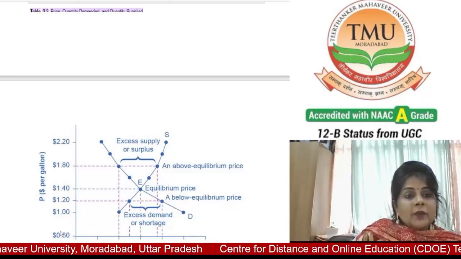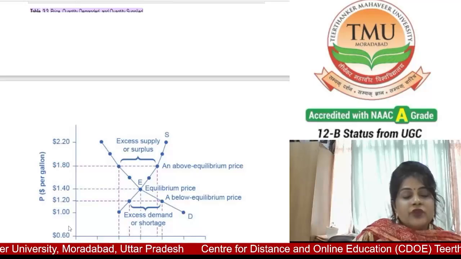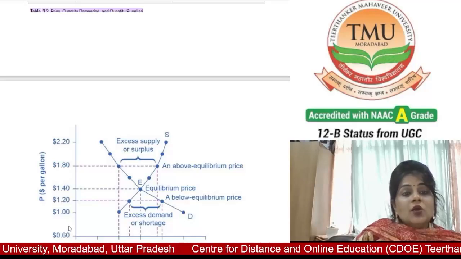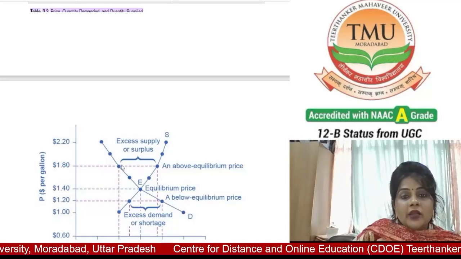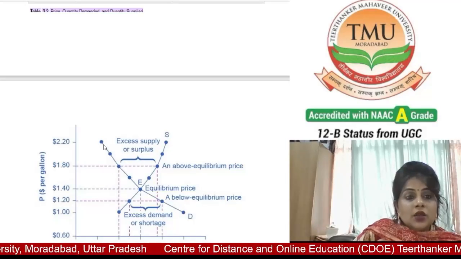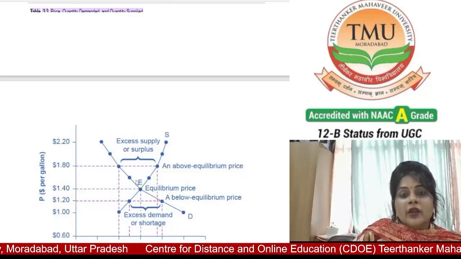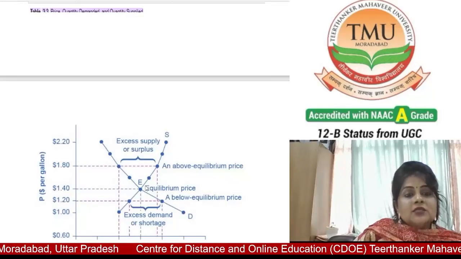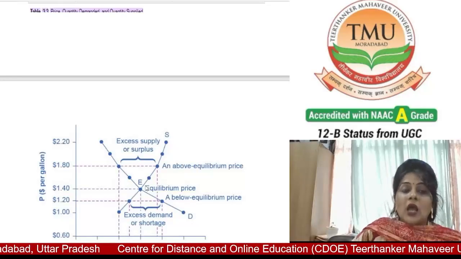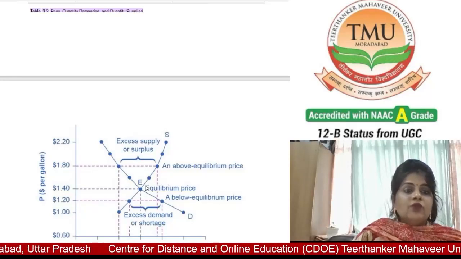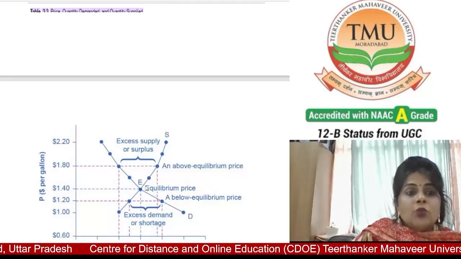Here you see in the figure that at the higher price the quantity demanded drops from 600 to 500, and this decline in the quantity reflects how consumers react to the higher price by finding ways to use less gasoline.